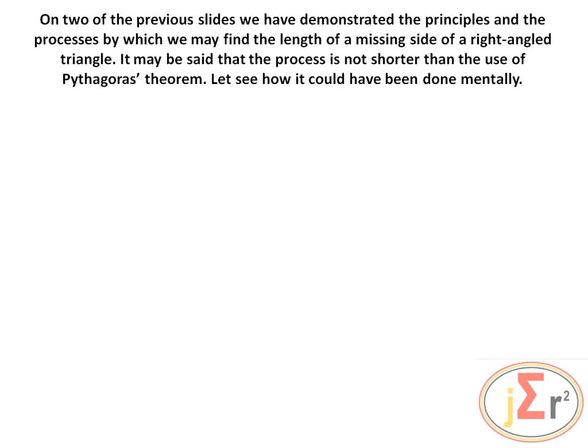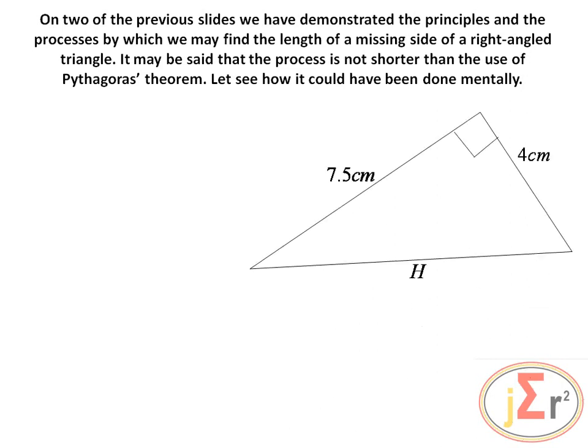Let us see how it could have been done mentally, because what we have done is demonstrate the entire thing in graphic detail. So the process as it appears on the slide seems to be very time consuming and very cumbersome. Right? But let us see if we could have done it mentally, which is what we intend to develop.